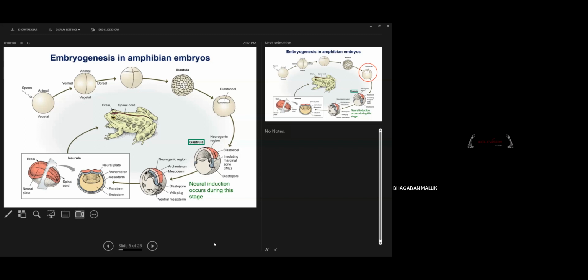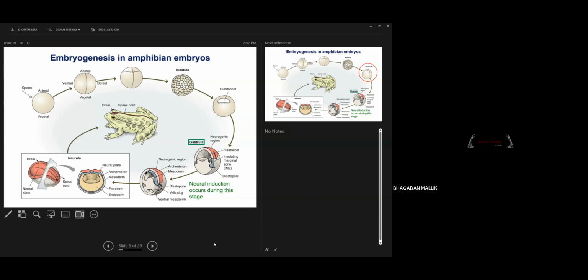Mostly the sperm fuses and forms the zygote, and then you have the division. Since there is a lot of yolk present, mostly the animal pool divides to form a mass of cells. You can see that the animal pool divides, mostly the division happens here, and after some time it forms a mass of cells called the blastula, which is just a ball of cells.